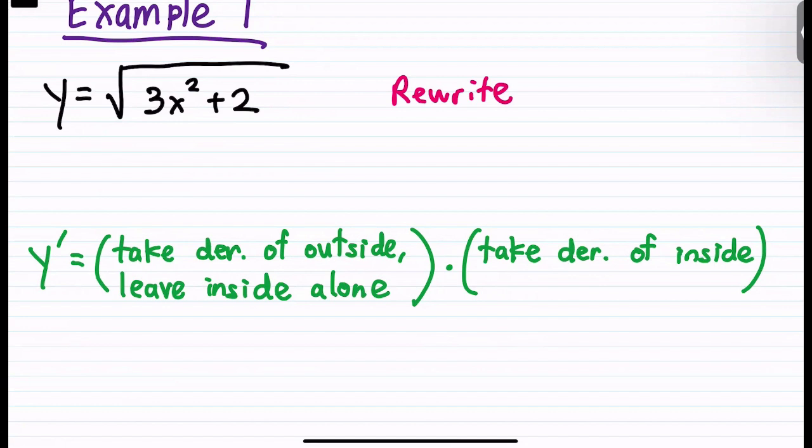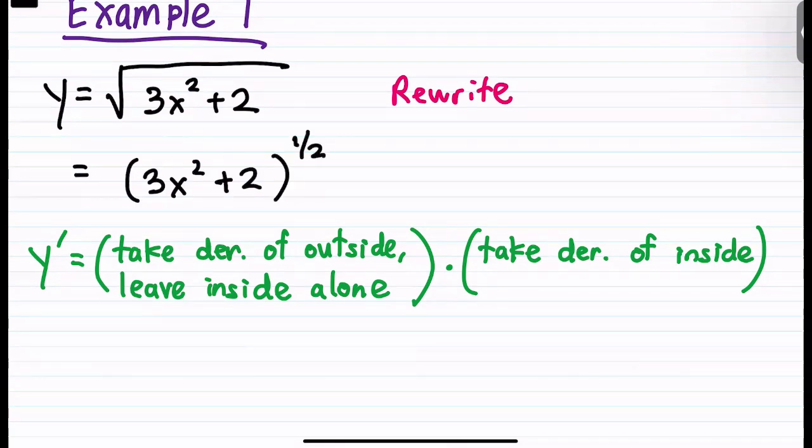To rewrite this, we'll have parentheses around the inside function of 3x squared plus 2, and that is going to be raised to the 1/2 power. Okay, so the inside function is 3x squared plus 2, and it is inside an even bigger function, which is the function that is raised to the 1/2 power.